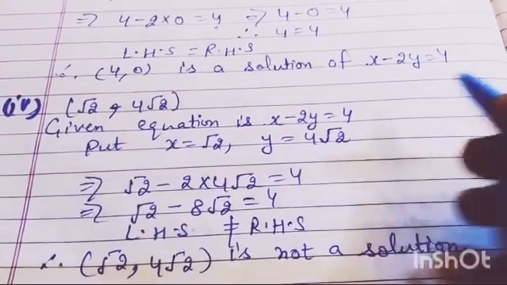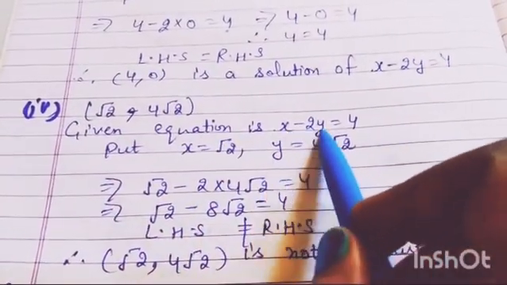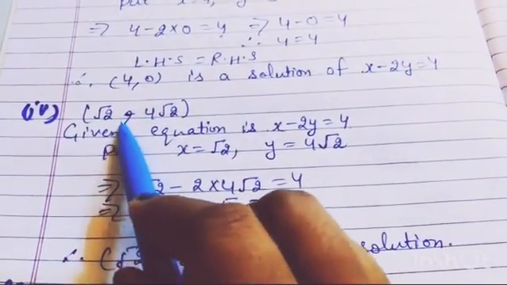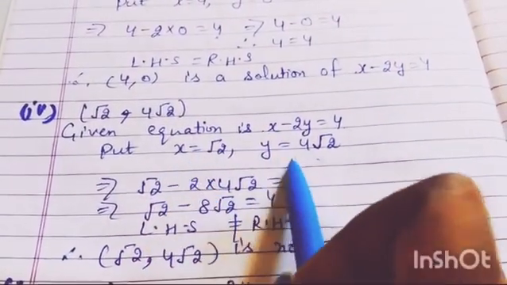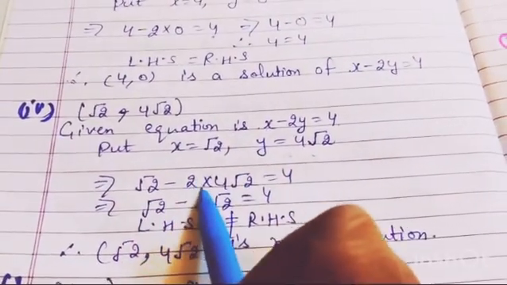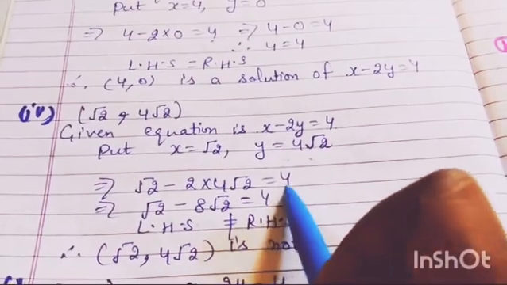Then its fourth part is (under root 2, 4 under root 2). Now the given equation is x minus 2y equal to 4. Now we will put the value of x equal to under root 2, the first number, and the value of y equal to 4 under root 2, the second number. We will put these both values in this equation. We get under root 2 minus 2, here 2 as it is, and the value of y is 4 under root 2, equal to 4.